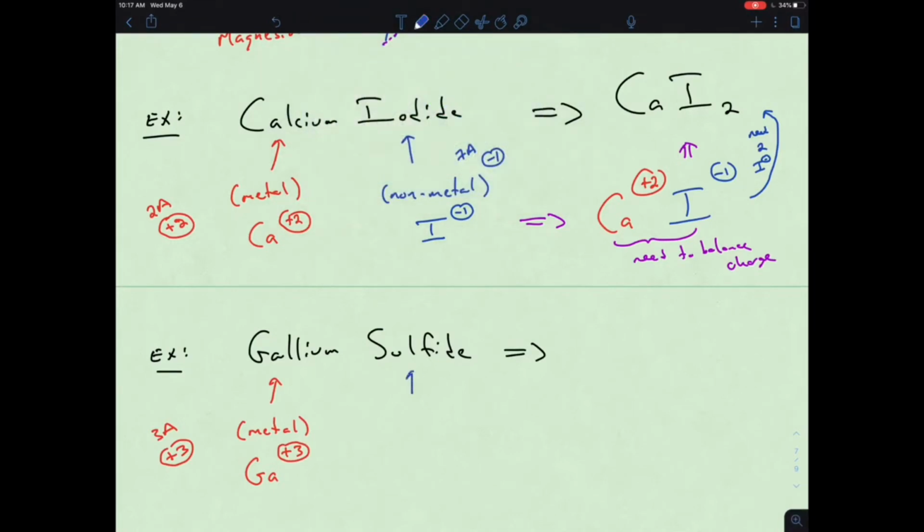And then we have our nonmetal, right? The sulfide, which is sulfur. And sulfur is in group 6A.